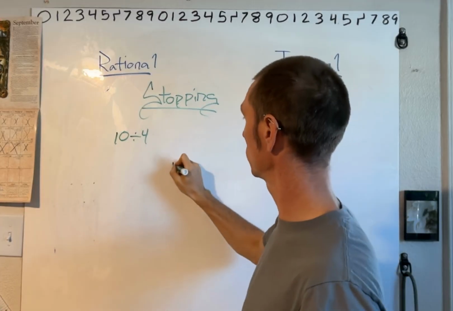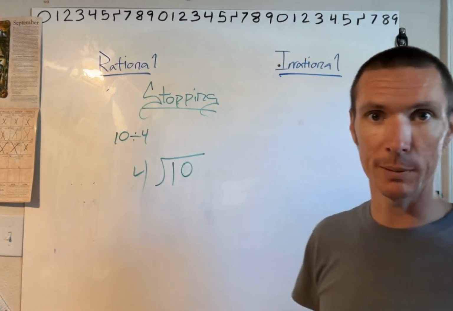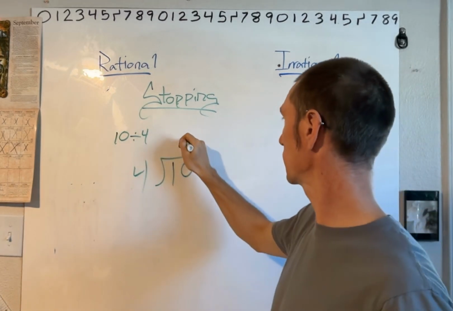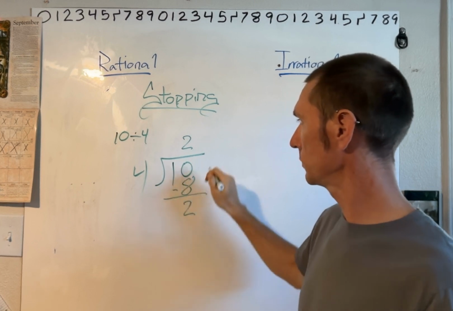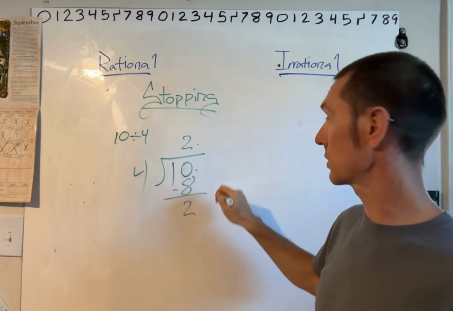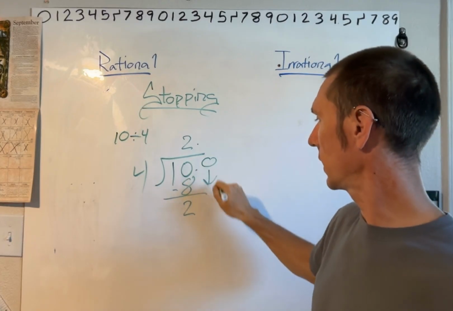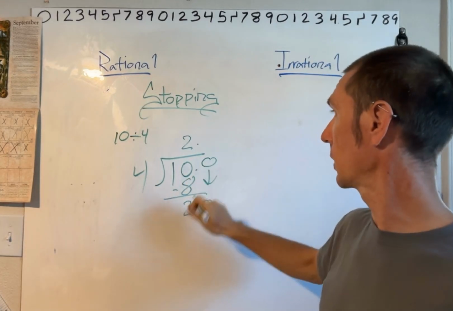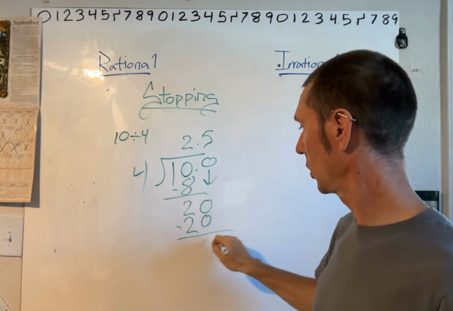You're going to have 10 divided by 4, right? How many times does 4 go into 10? Twice. 8 minus gives you 2. Decimal, decimal. 0. Bring it down. How many times does 4 go into 20? 5 times. Boom.